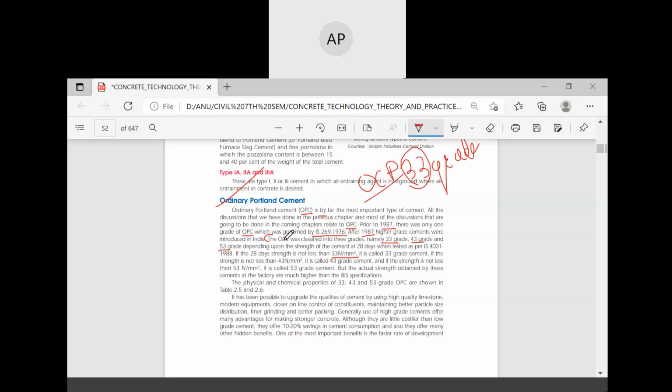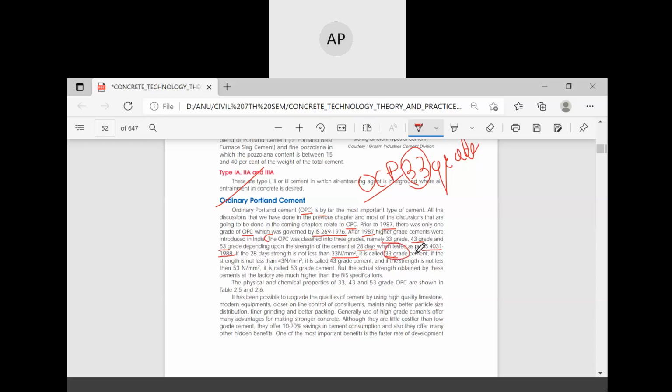33 grade, 43 grade, and 53 grade, depending upon the strength of the cement in 28 days, when tested as per IS 4031 1988. If the 28-day strength is not less than 33 Newton per mm square, then the cement is called 33 grade.